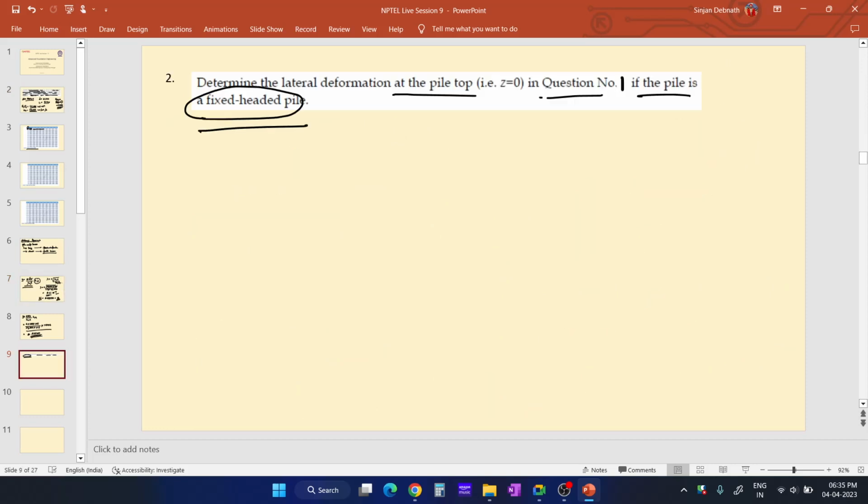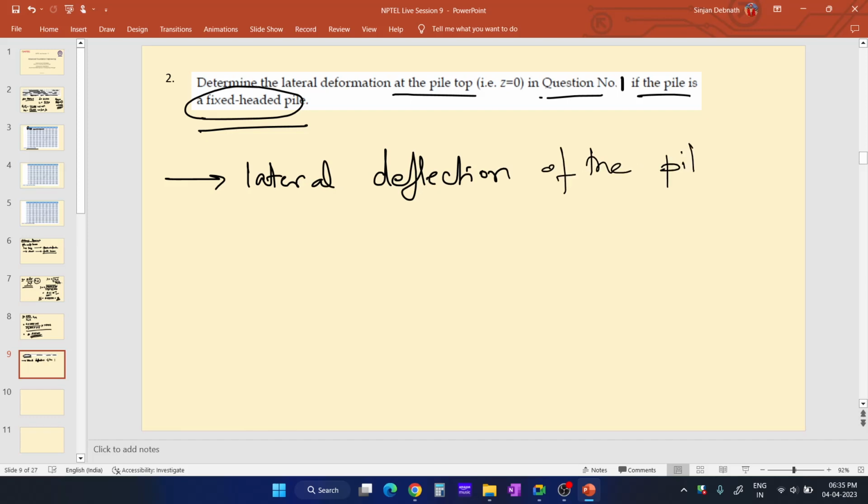In this question the pile is fixed headed, so in this type of question we need to first find out the lateral deflection of the pile head by considering the pile to be a free headed pile.